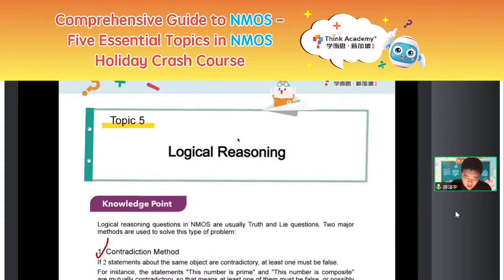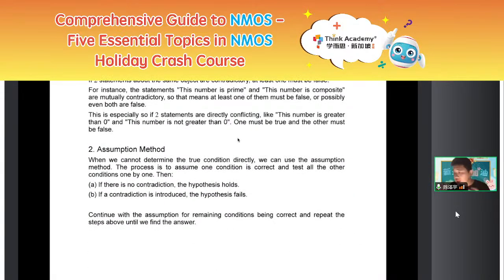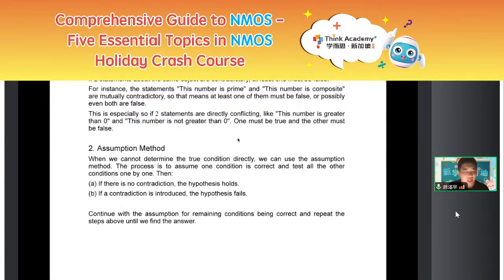Now the second method is the assumption method. This is what the detectives always use. If this guy is the actual culprit, now what will happen?